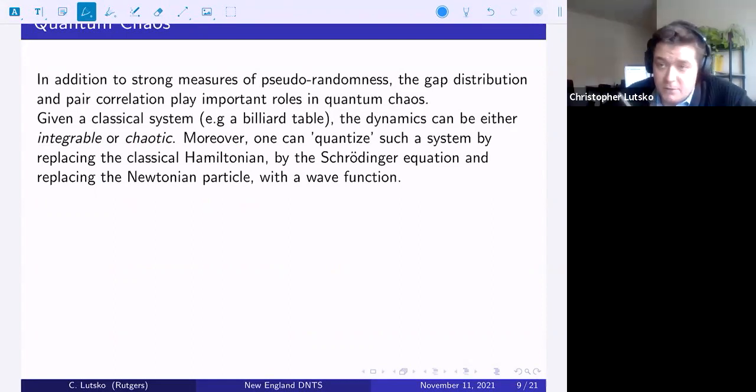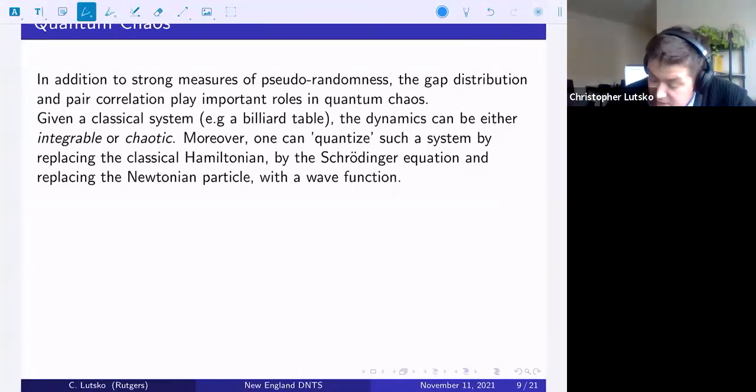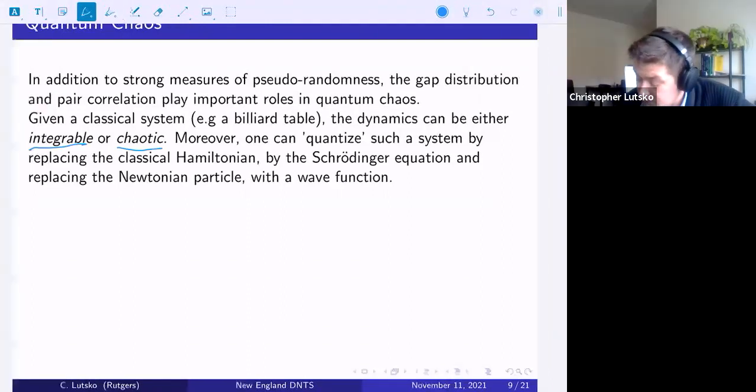And instead of having a particle, you have a wave function. So again, the question is, can we see this distinction between integrable and chaotic in the quantum system? Can we use the quantum system to shed light on the dynamics in the classical system?